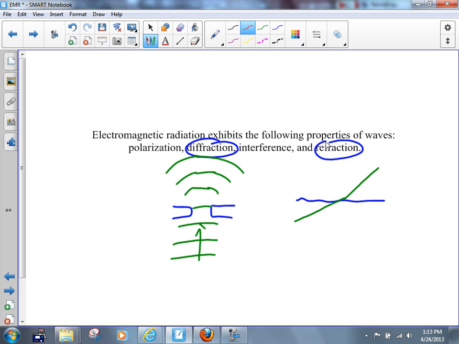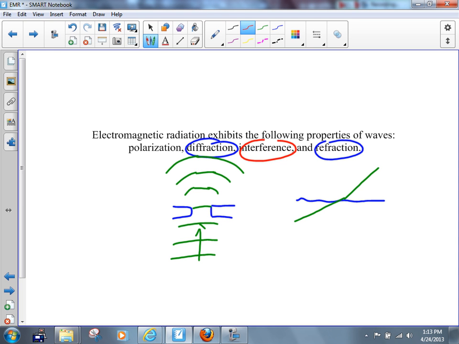Interference you learned about in Physics 20. Interference happens when 2 waves come together. You get a crest of a wave and a crest of a wave. They hit each other, they make a bigger crest. It's constructive interference. When a crest meets a trough, it makes destructive interference. I know in my class we did the demonstration with a slinky, and I'm sure in Mr. Kader's class you did as well, where you sent one wave pulse down, another wave pulse down, both on the same side. It makes a bigger wave, a bigger crest, constructive interference.